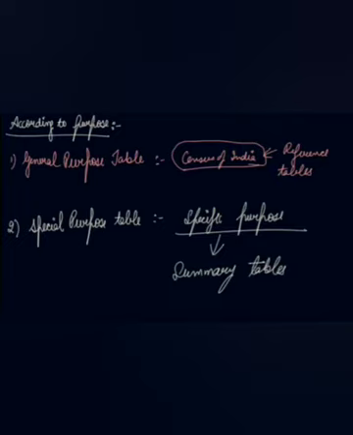Like the profit and loss of the iron and steel industry in the past 10 years, you make the table. So in this there is a specific purpose of the table, that is the profit of the iron and steel industry. So the table is formed for the specific purpose. In that case, it is also known as the summary tables.